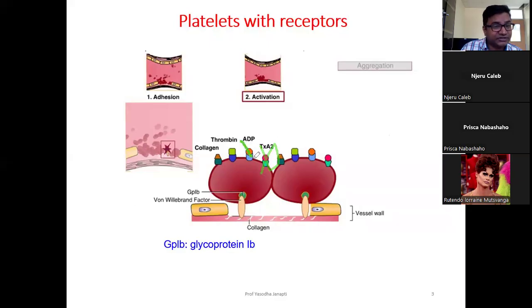There are some drugs which block the ADP receptor or ADP formation. Now, our anticoagulants will act on thrombin. There are some drugs, direct thrombin inhibitors. So this is how our drugs work.